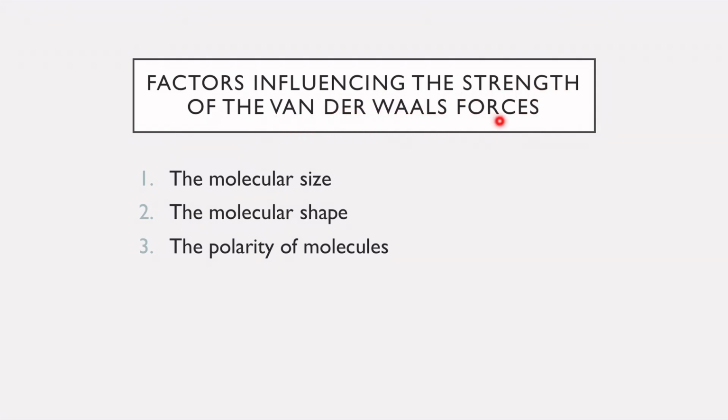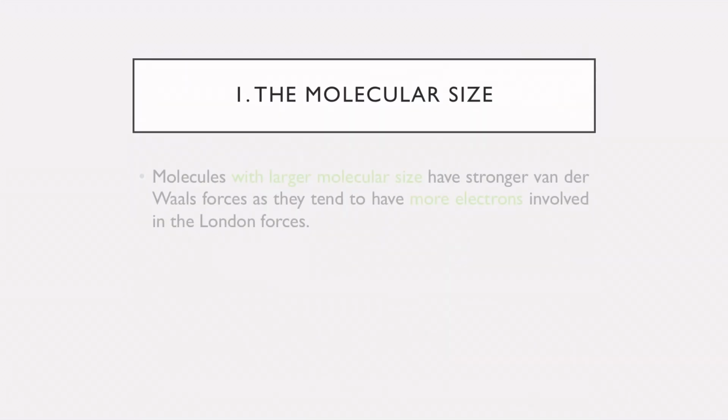The strength of your van der Waals forces. Okay. So the first one is molecular size. So molecules with larger molecular size have stronger van der Waals forces as they tend to have more electrons involved in the London forces. Okay.